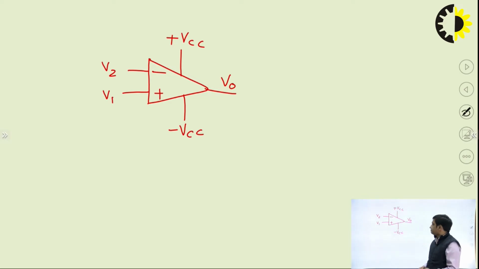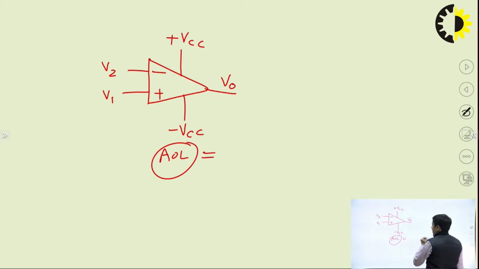Now see, what will be the output voltage if V1 is applied at the non-inverting terminal and V2 is applied at the inverting terminal? Since this op-amp is in open loop configuration, let's say the open loop gain of this op-amp is AOL.